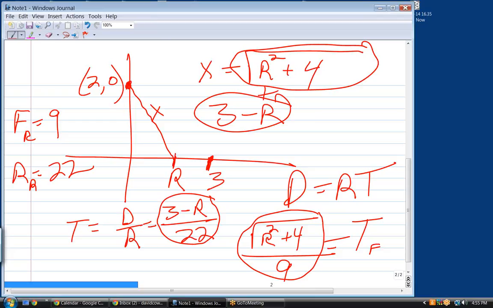Well, let's see. His total time, this is his time on the road, that's his time in the field. So his total time needs to be added together. So it's 3 minus r over 22 plus square root of r squared plus 4 over 9. How do we minimize that?